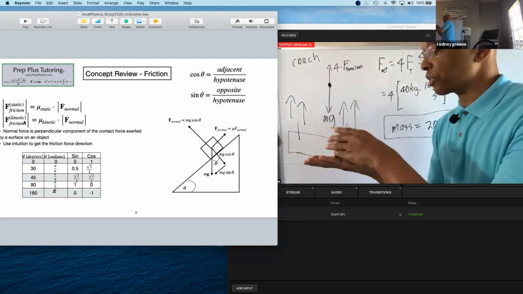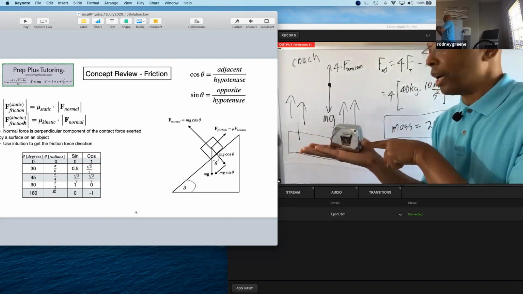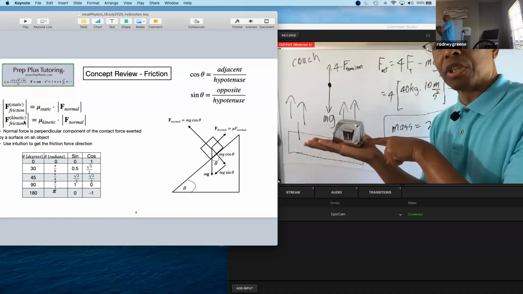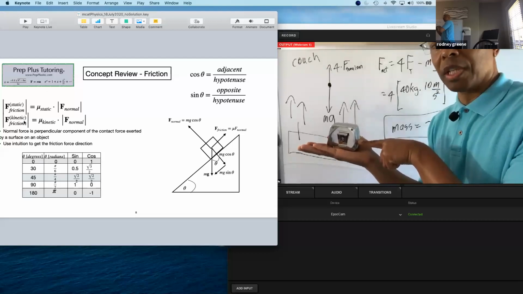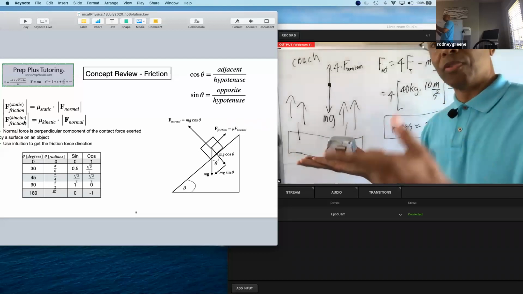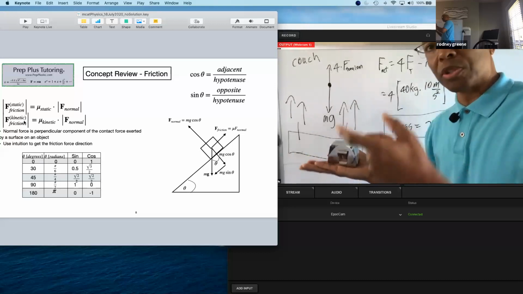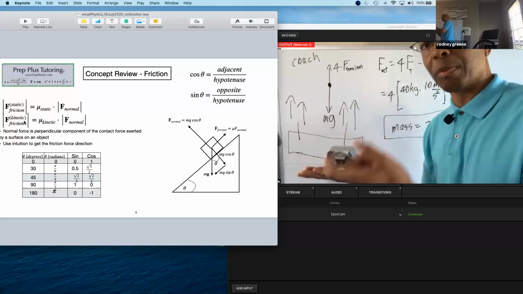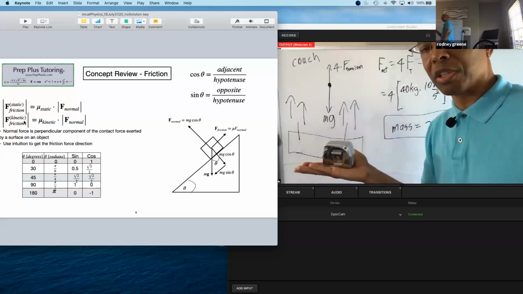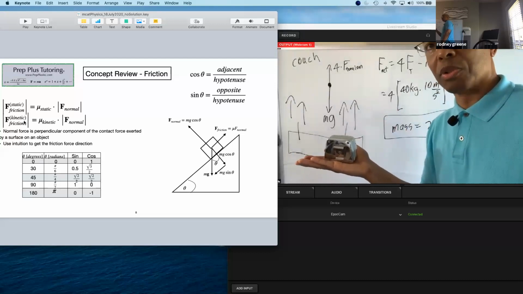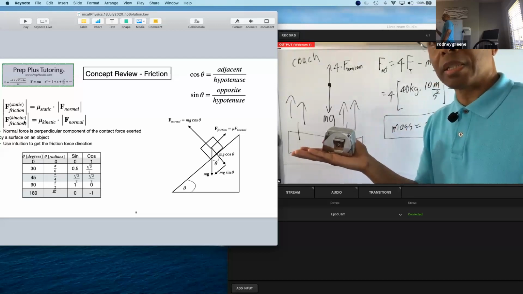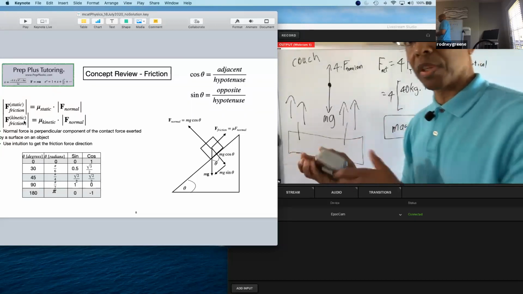If it's still stationary, because I'm not pushing it hard enough, you use the coefficient of static friction. It's the same law: the force due to friction is the normal force times a coefficient of friction. It's just a question of whether you use the static or the dynamic coefficient of friction.